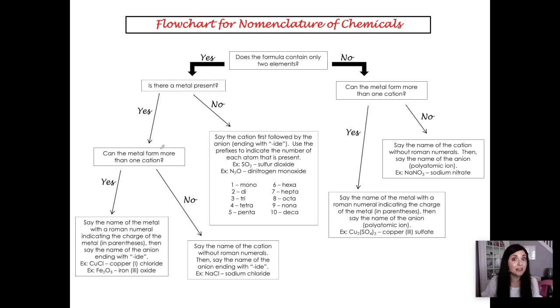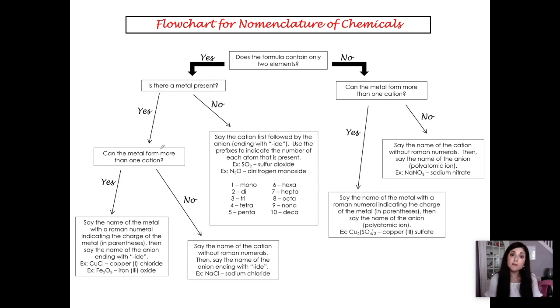If it can, so for example, gold has two possible charges. Gold can be +1 or gold can be +3. Because you have those options on what charge gold is, you have to say gold's charge in the name.